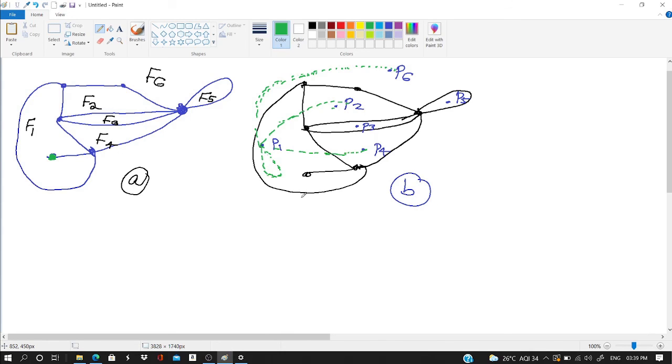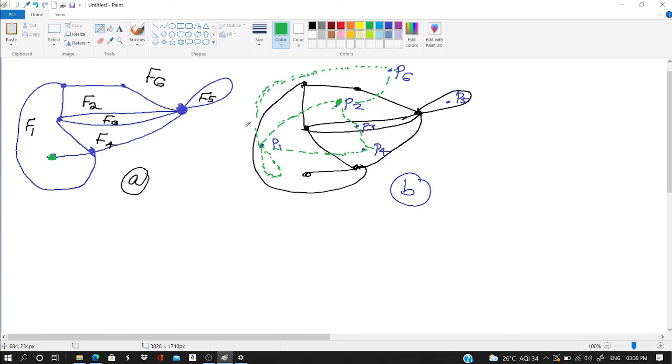Now F2 and F1 is adjacent, that is already drawn. Now F2 and F6. So we have to draw from P2 to P6. Then F2 and F3. So P2 to P3. Then P3 and P4. So P3 to P4. Draw an edge.